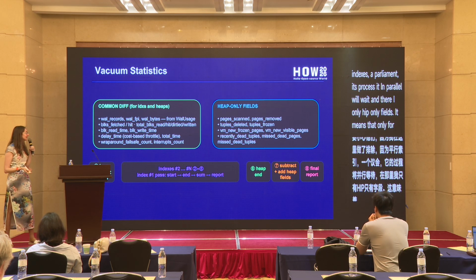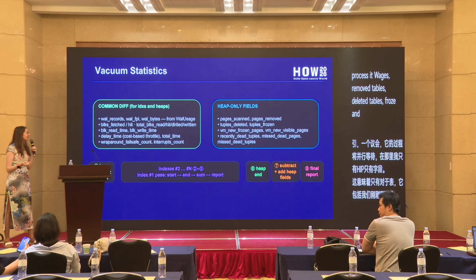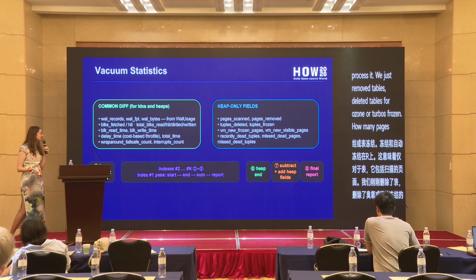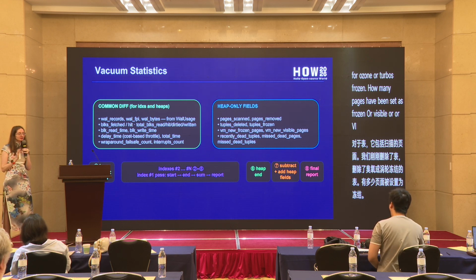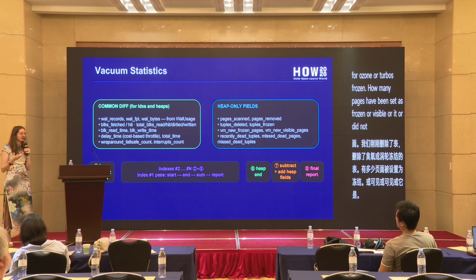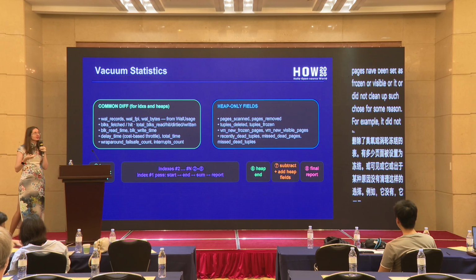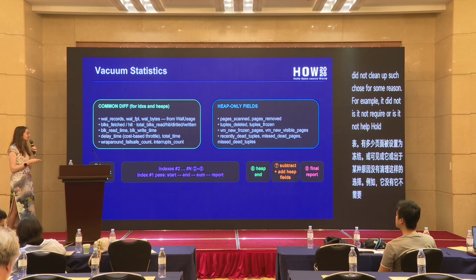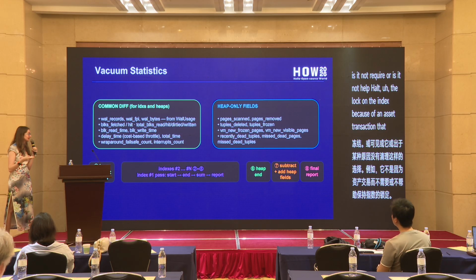It includes pages scanned, pages removed, tuples deleted, tuples frozen, and how many pages have been set as frozen or visible, or where vacuum did not clean up such tuples for some reason. For example, it did not acquire, or it did not hold the lock because of another transaction that did not allow it.